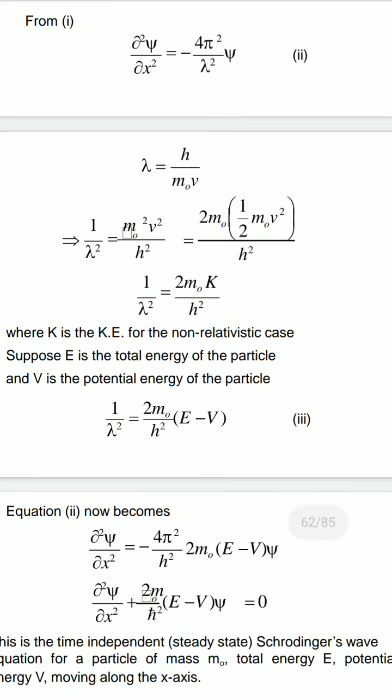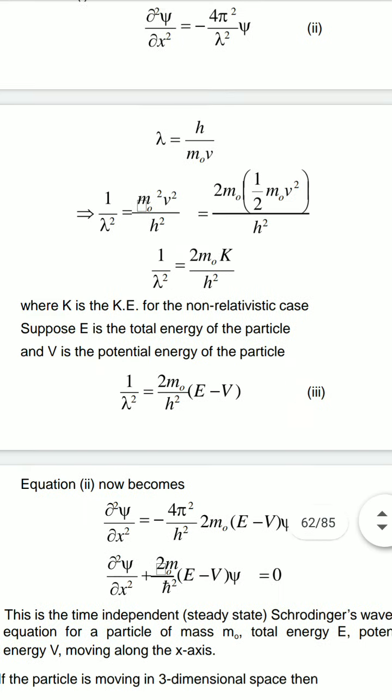Now let us substitute in equation 2. What is equation 2? Dou square psi by dou x square is equal to minus 4 pi square by lambda square. So 1 by lambda square we substitute as 2 m0 by h square into E minus V. So the right hand side becomes minus 4 pi square by h square into 2 m0 into E minus V into psi.